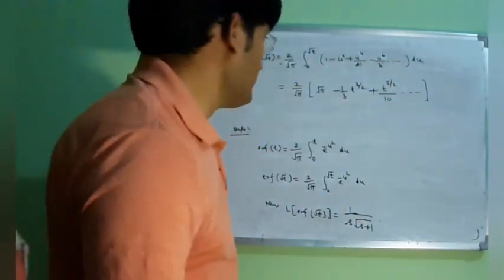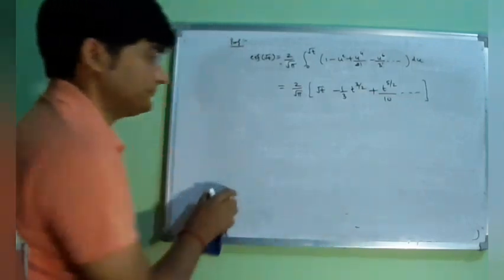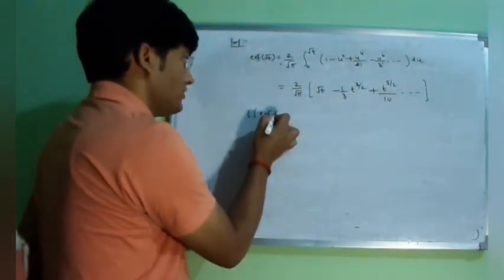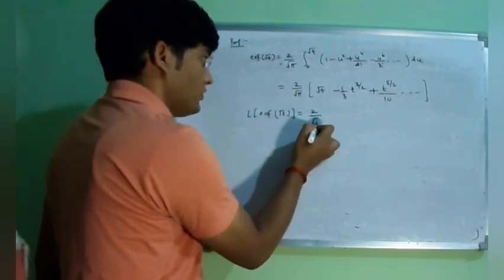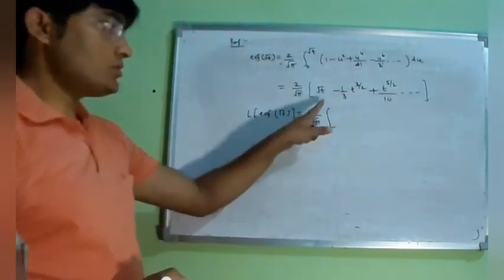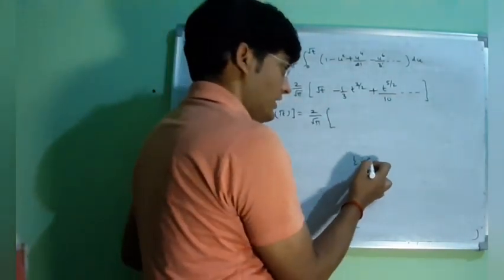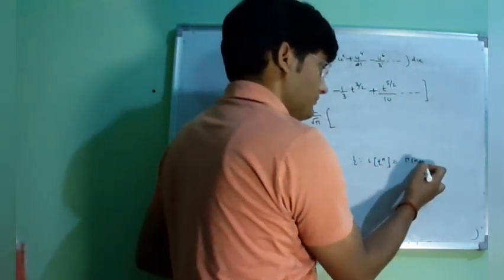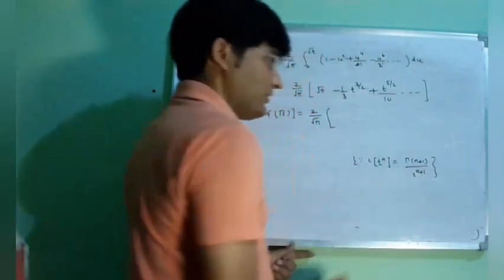Now let us find the Laplace of this particular function. So the Laplace of the error function of root t is equal to 2 upon root pi times the Laplace of t power half. You know that we have the Laplace of t power n as gamma n plus 1 upon s power n plus 1.